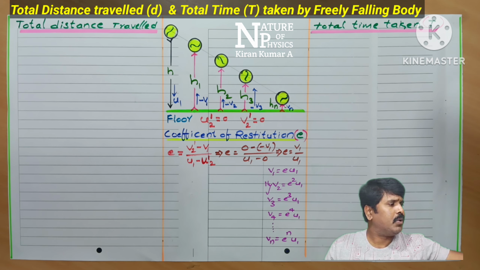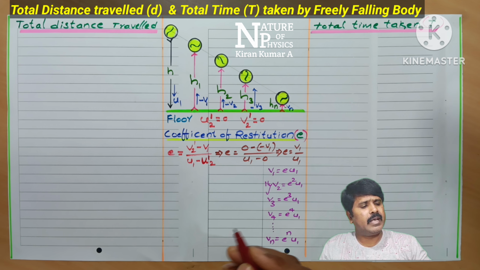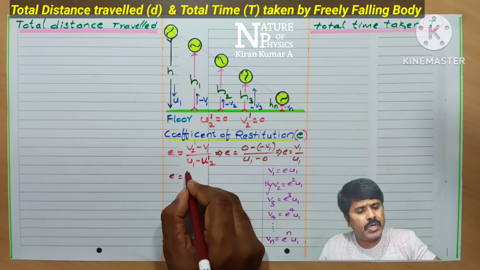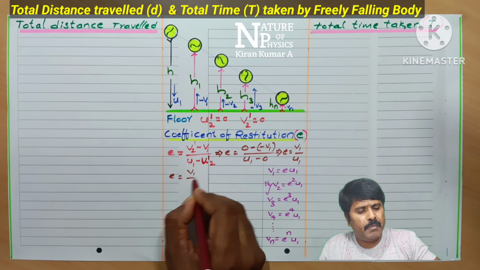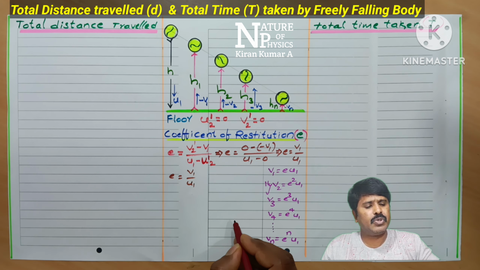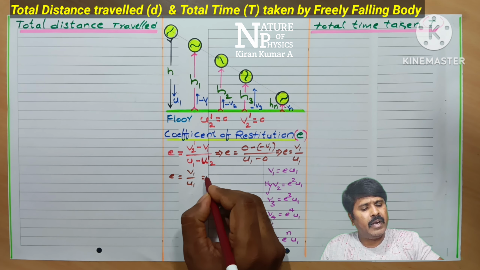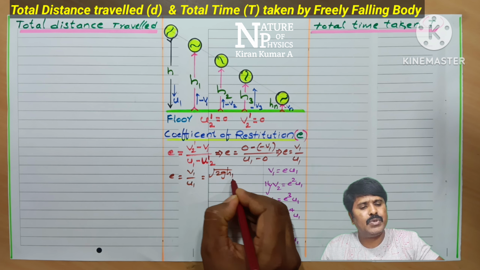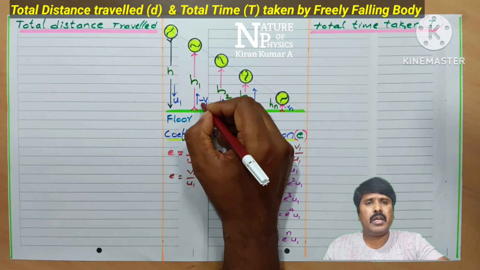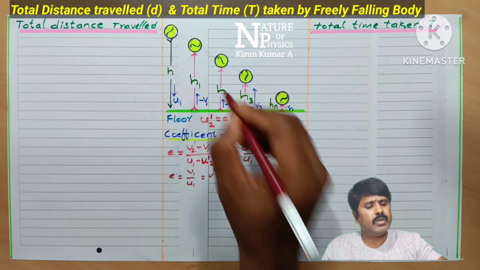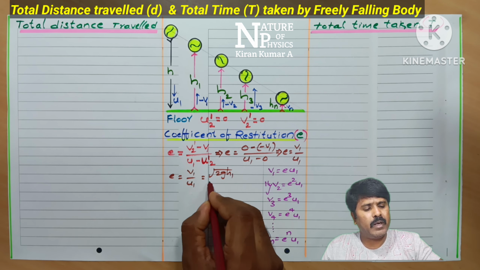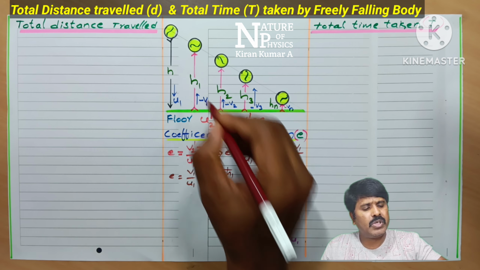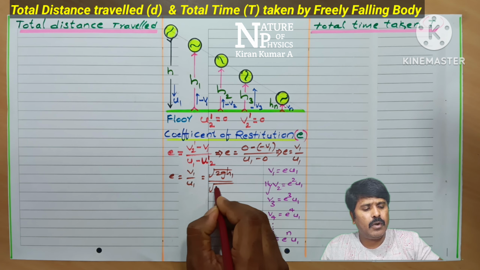Next we discuss E, which from the basic equation is v1 divided by u1. Here v1 is equal to root over 2gh1, since it is a vertically upward projection, and u1 is the downward motion like a freely falling body, root over 2gh.